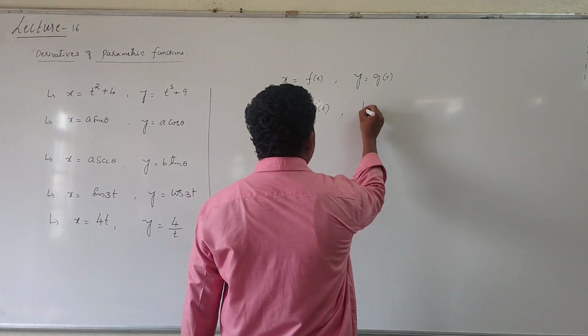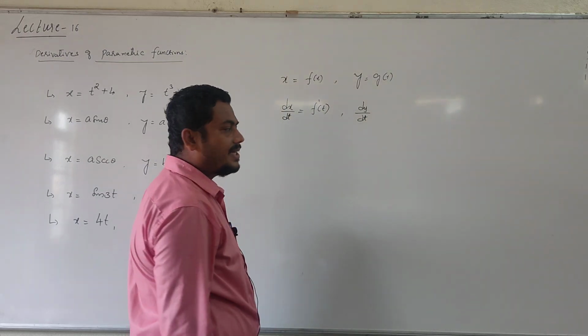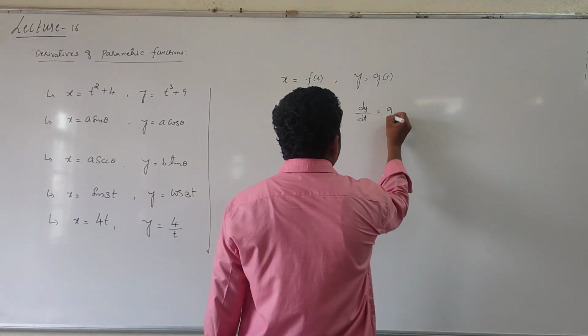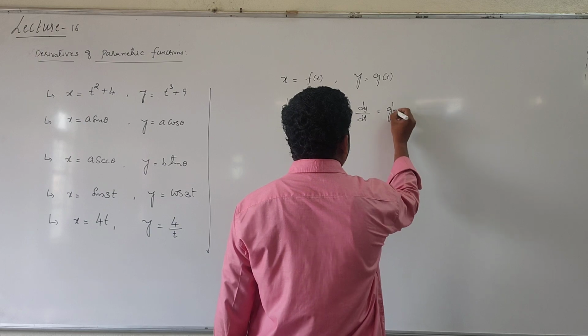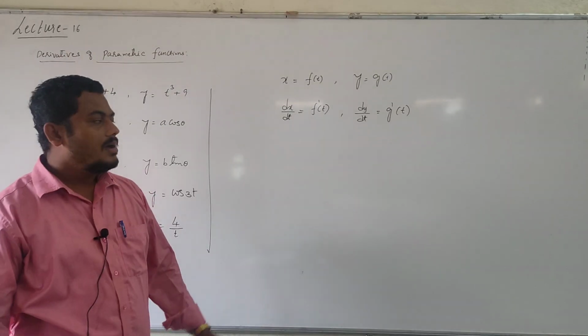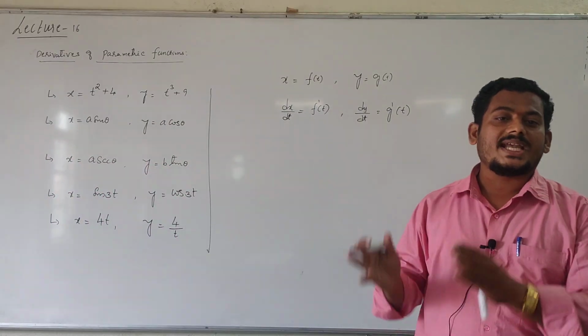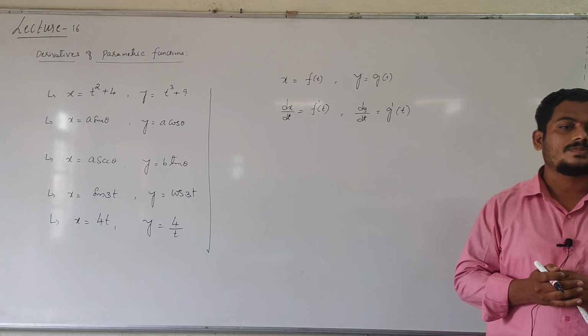Then differentiate y with respect to t, then it is dy by dt. Derivative of g of t is g dash of t. Inner function is t, its derivative is 1. Separately find the derivative of x with respect to t and derivative of y with respect to t.